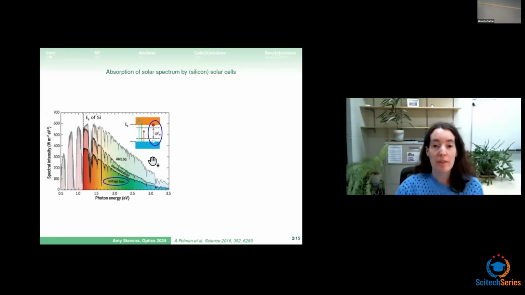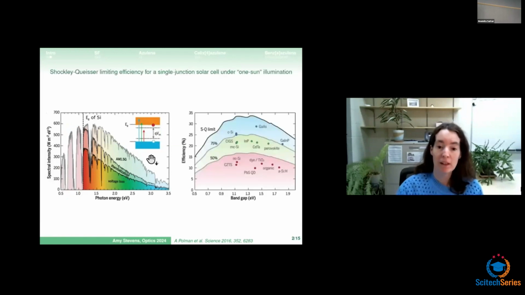And even if you have a perfect photon that has just the right energy to be absorbed by the lower part of the conduction band, you still won't get all that energy out because of thermodynamic considerations with respect to your environment. So this leads to something called the Shockley-Queisser limit.